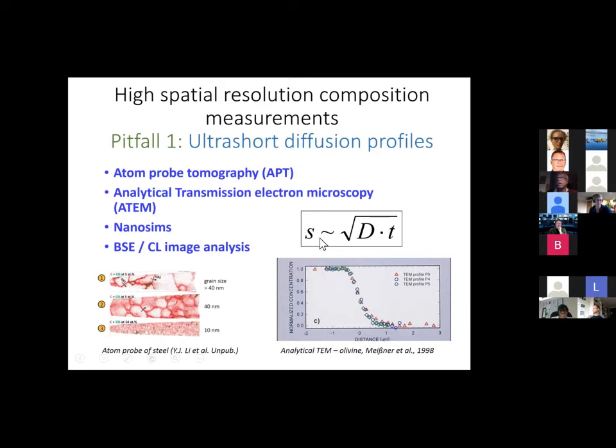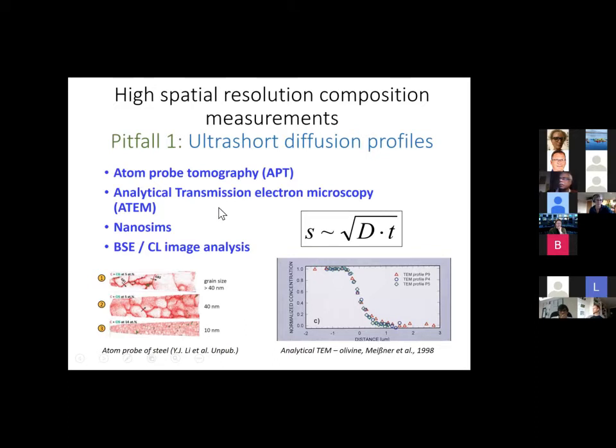Okay, so the smaller the t for a given D, in a given element in a given mineral, the smaller is the S. And in the past few years, we've had a number of different ways of analytically accessing this property. For example, we have atom probe tomography, which I show pictures of here on the left, from a metallic alloy. You see things on a grain size scale of 10 nanometers or 40 nanometers. You can measure concentration distributions here. You can look at analytical transmission electron microscopy.